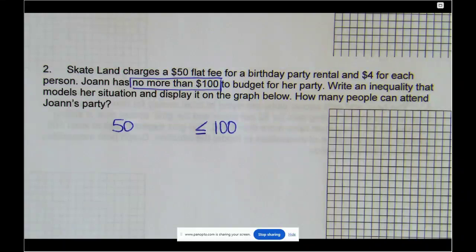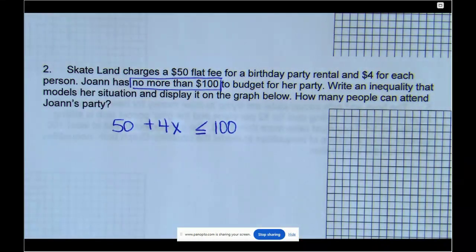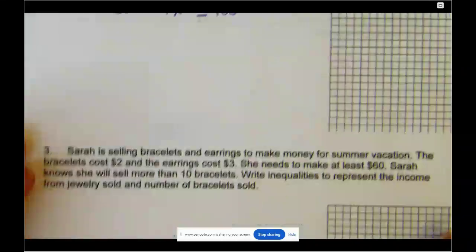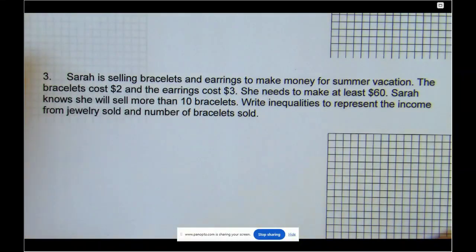So plus 4x. There you go. They're not saying $50 and then we subtract your 4 from it. It's $50 for the rental, and then you pay $4 for every person beyond that. Okay. Now, here's where we get into stuff that's going to be more like what we're doing.